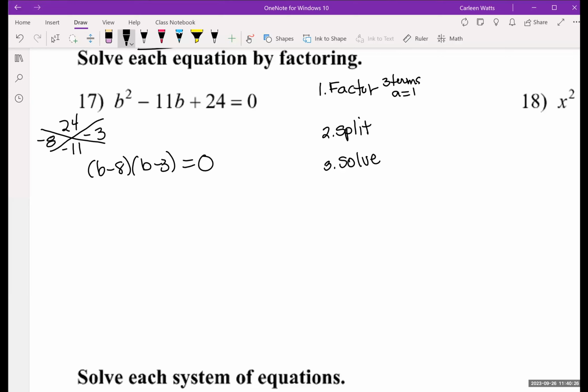Okay, so I know that this times this equals 0. Now it's time to split. So I know that either B minus 8 equals 0 or B minus 3 equals 0. This is called the zero product property. The only way to multiply two numbers together, one or both must be 0.